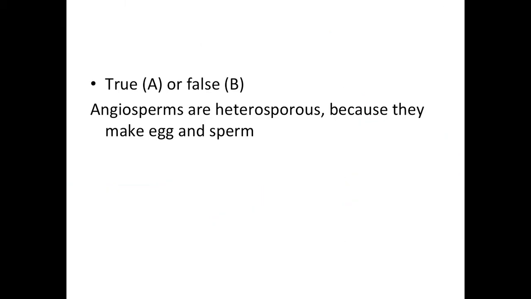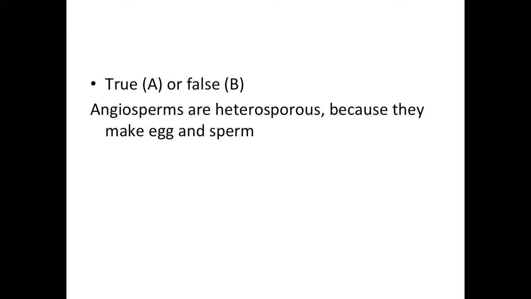All right, so let's take a moment and think about this question. Angiosperms are heterosporous because they make both egg and sperm. Is that true or false? I want you to answer that on your own, and we'll come back to it in a couple weeks when I'm back in class.